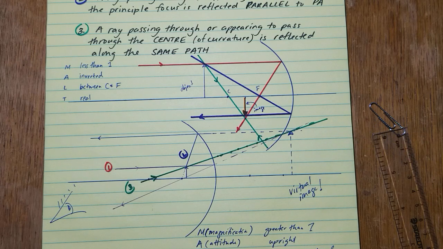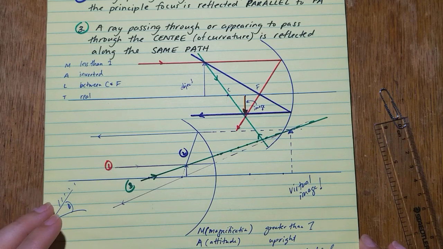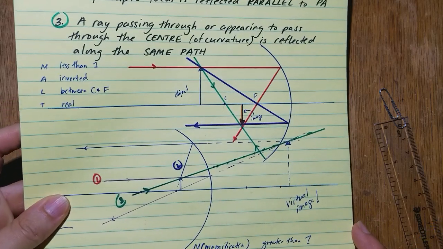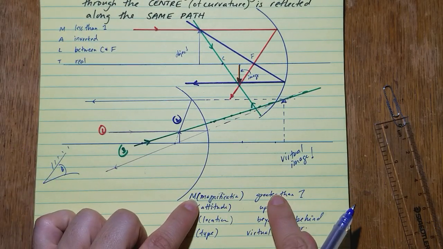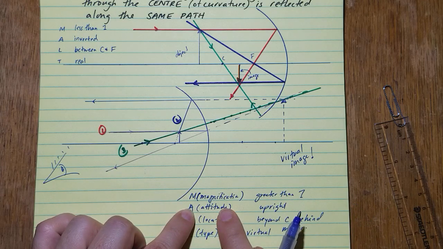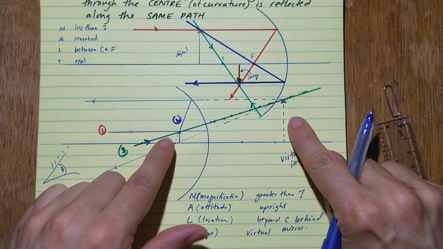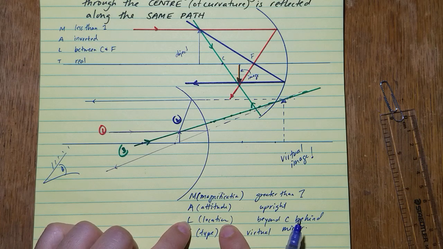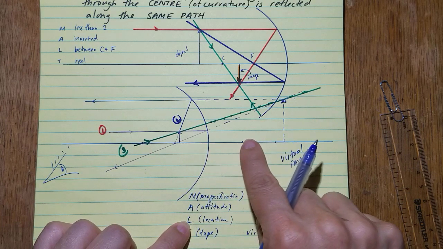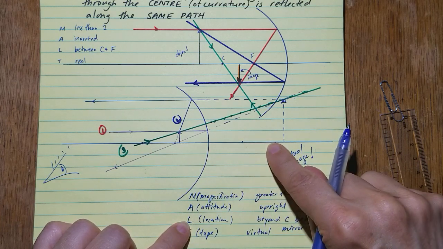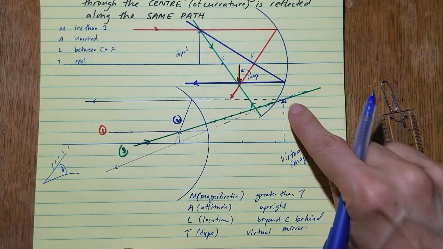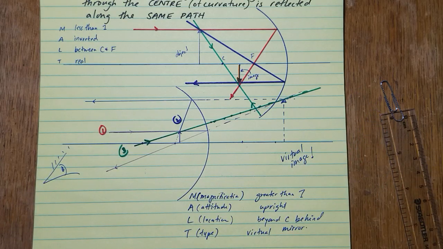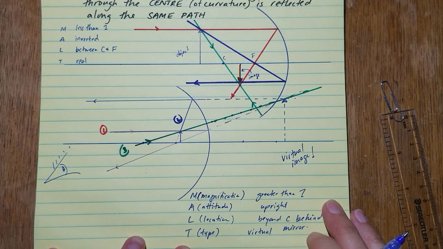It's virtual. Oops, sorry guys, off the screen. Okay, M stands for magnification, greater than 1. A stands for attitude, it's upright. They're both in the same direction. L stands for location. I measured a little bit away. It's one beyond 2 focal lengths away, behind the mirror, and it is virtual.